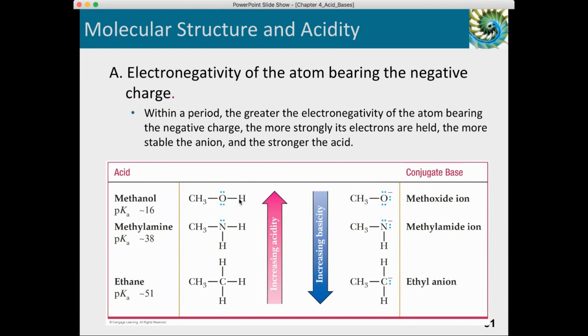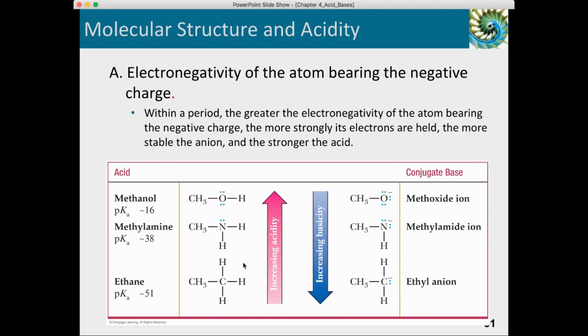This bond is highly polarized, with a partial negative charge and a partial positive charge. This bond is weaker and easier to break. That's why this proton is more acidic than the CH3. Remember, carbon and hydrogen have similar electronegativity. The same applies to methylamine: the more acidic protons are the ones bonded to nitrogen. In the case of ethane, they are all equivalent.